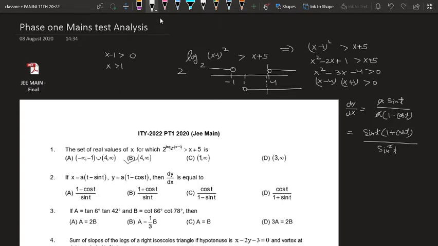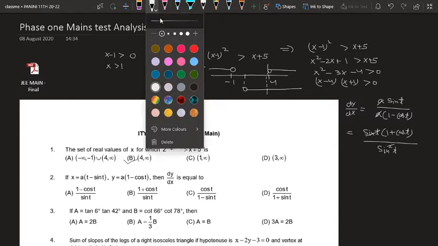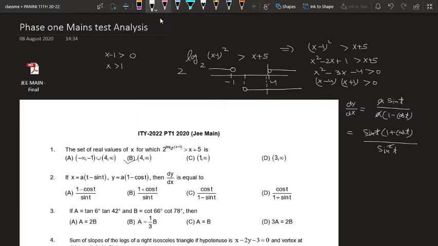Now cancel out sin square t, that is 1 plus cos t over sin t. This B should be the answer.